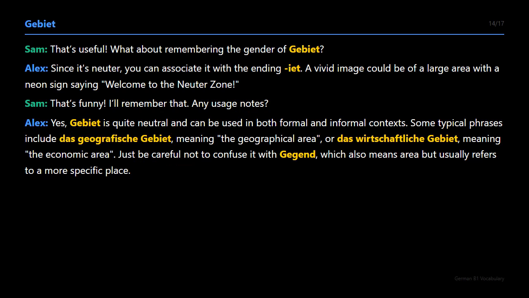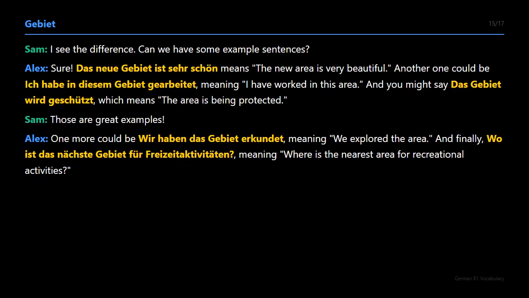Just be careful not to confuse it with Gegend, which also means area but usually refers to a more specific place. I see the difference. Can we have some example sentences?